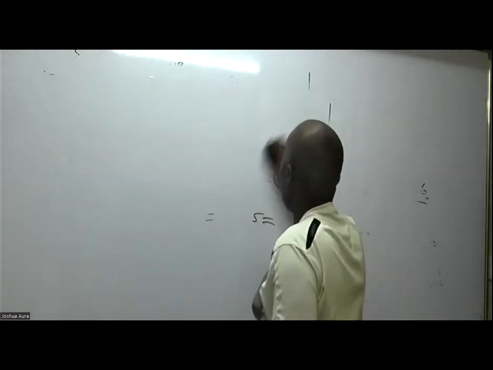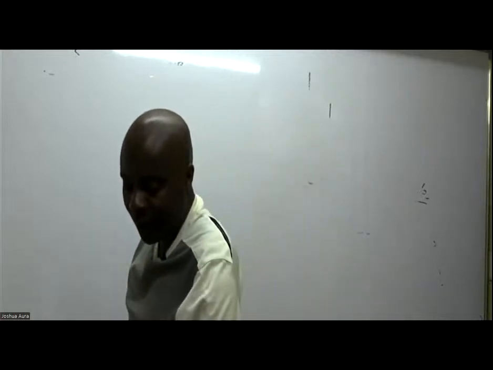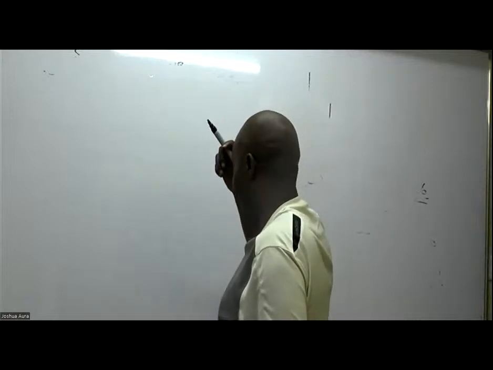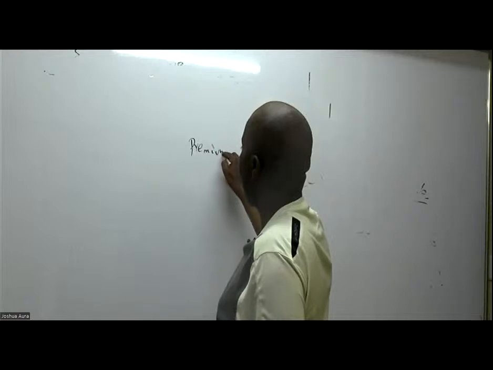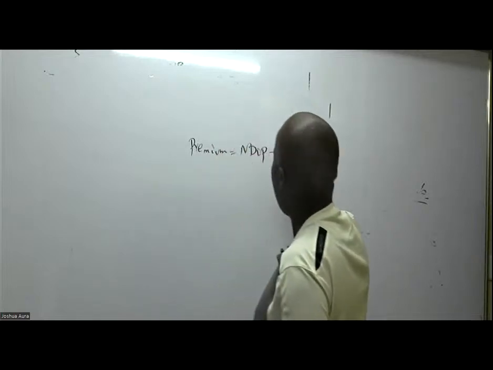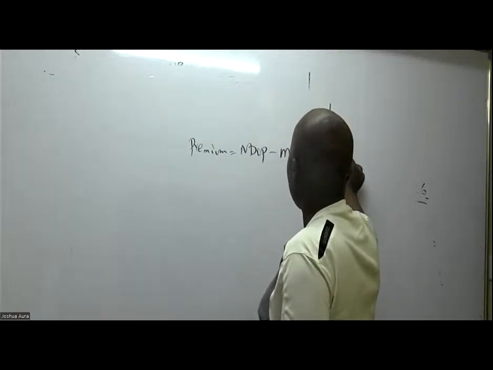What I'll do for total premium, first of all, I'll come and remember the formula. So premium will be the offer price in DOP minus what here? MPS of the target company.